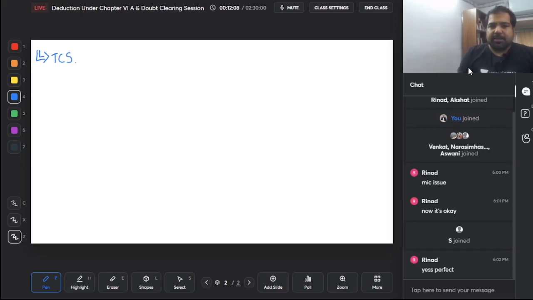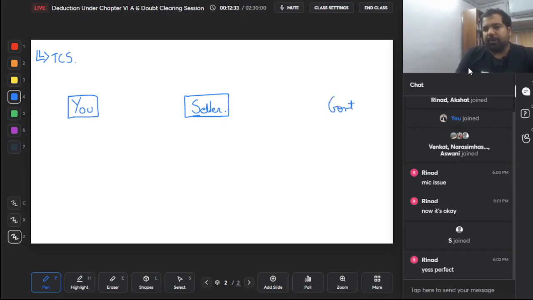Guys, in this case, while in TDS there was a payer in the middle, here you put the seller in the middle. So always, guys, the trick is to start with the diagram. You put the seller in the middle. And this is the seller who's selling a very nice, fancy car to you. This is you, and you're buying a car worth 25 lakh rupees. So this seller has sold you a car worth 25 lakh rupees.